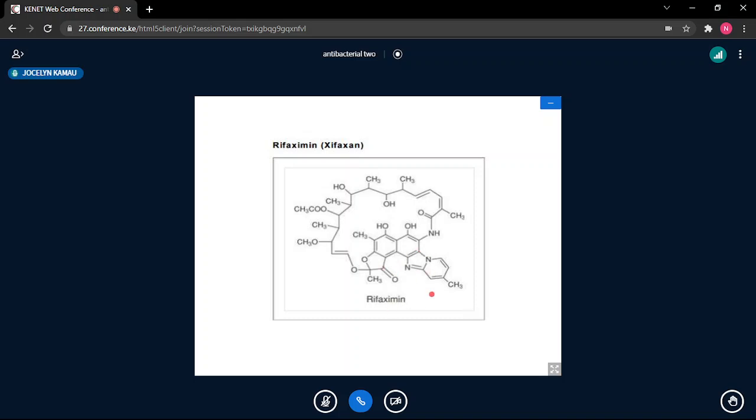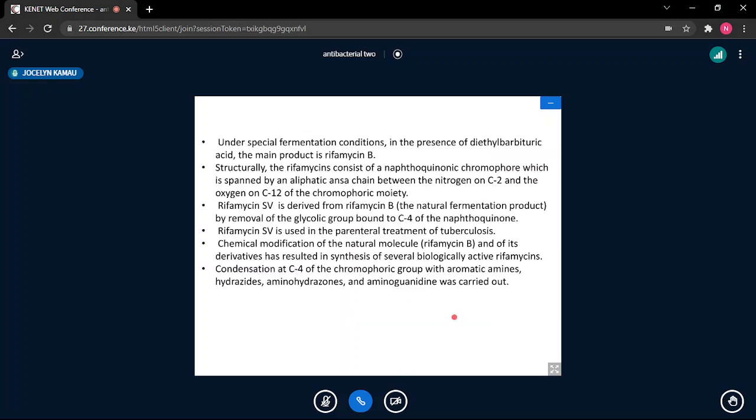Again, the only reason why I've shown you the different groups is just to appreciate that the main area of structural modification is at position 3, 4, but the larger portion of the rifamycin is left intact, without any change.